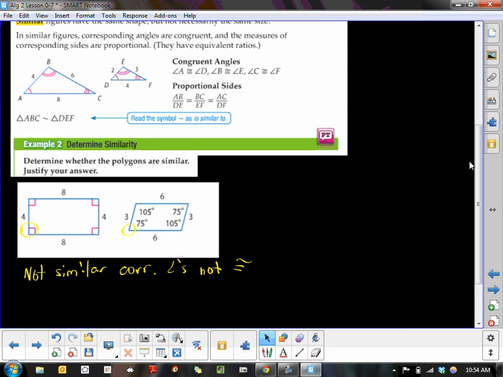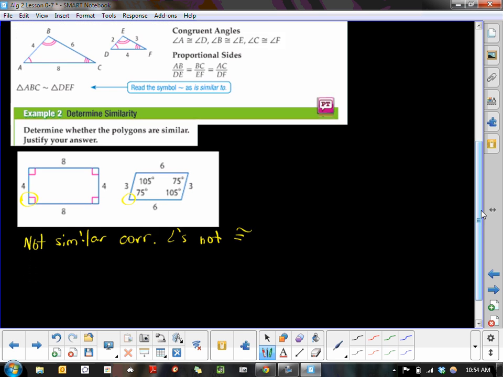What I also want to do on this one is check the ratio of the sides. Even though we've already established they're not similar, would the other criteria be met? Would they have the same scale factor? If I take the ratio of sides, 4:3 is the ratio for the other corresponding side, which is 8:6. And the other corresponding side, this one corresponds to 4, so that's a 4:3 ratio.